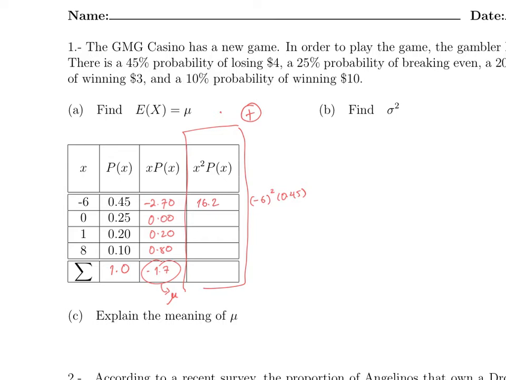Everything has to be positive all the time. I know that if you put minus 6 squared, the calculator will say it's minus 36. That's wrong. These values are always positive. So again, you square this value. So this is technically 36 times 0.45, which equals 16.2.